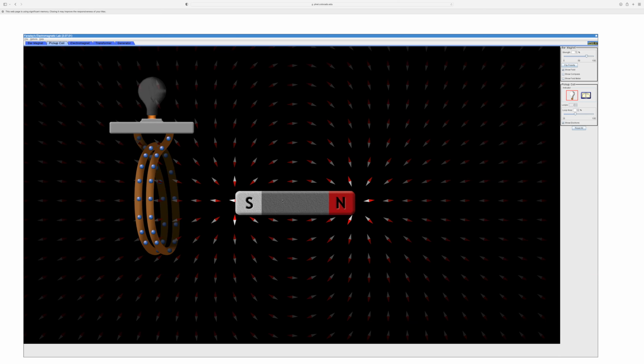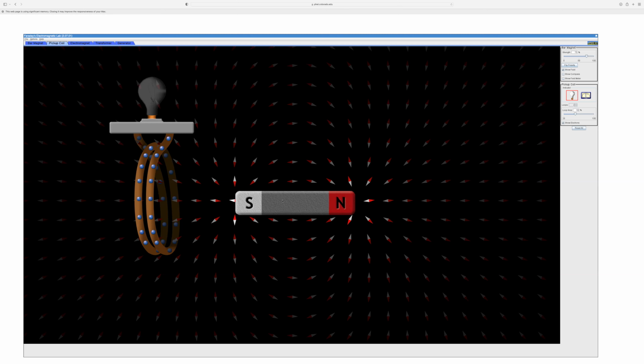Okay, so write down a note at the bottom. Whenever we are trying to increase the flux, same pole will get generated.